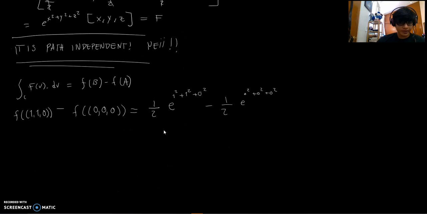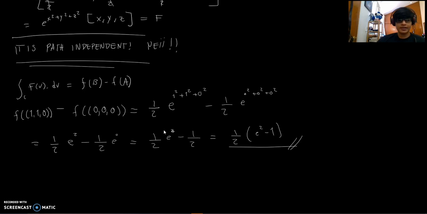And this will give us 1/2 of e^(1 + 1) squared minus 1/2 of e^0, which will be equal to 1/2 of e² minus 1/2. So it's equal to (e² − 1)/2, and that's the result. And as easy as that, we can evaluate a path independent line integral.